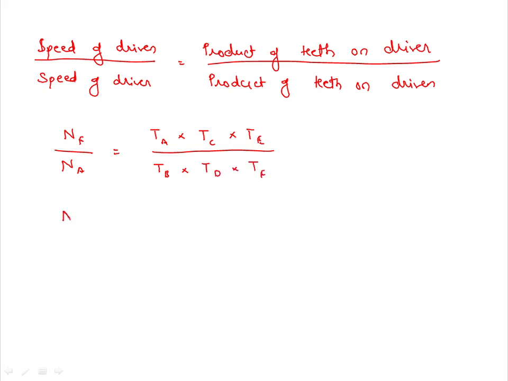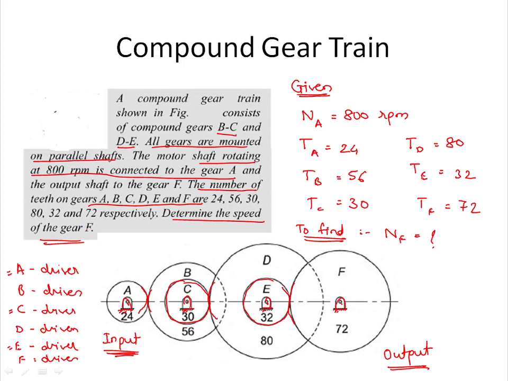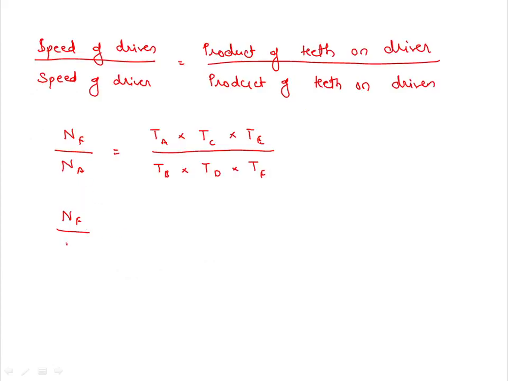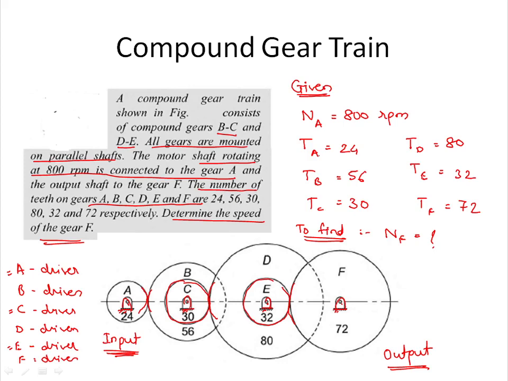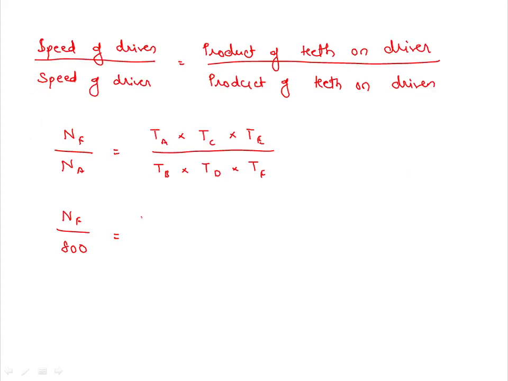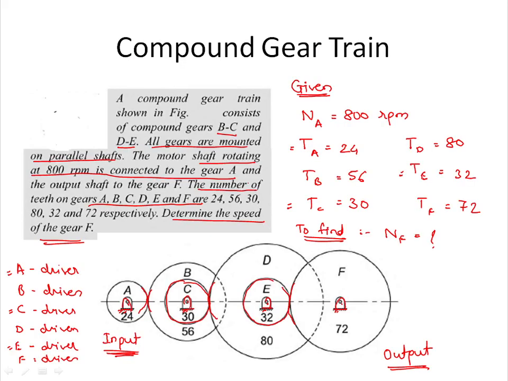Now we'll just put the values. NF, we don't know. NA is 800. Now what are the values of TA, TC and TE? So TA is 24, TC is 30 and TE is 32. So 24 into 30 into 32 divided by TB, TD and TF. What are the values?